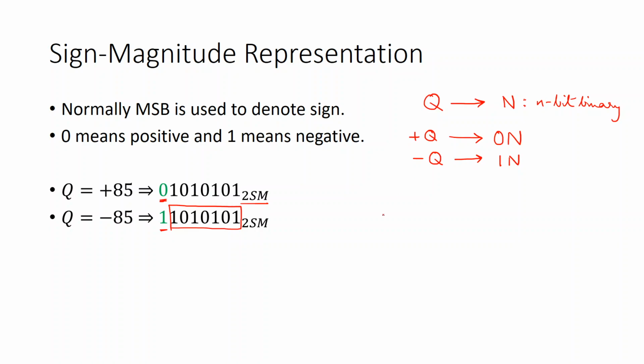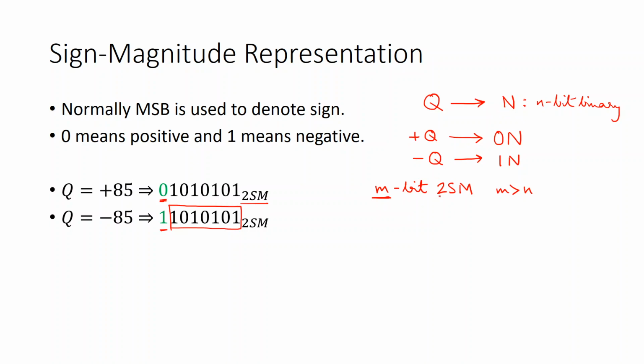Another thing is there: you might be asked to represent the quantity plus Q in, suppose, m bits binary sign magnitude. Of course, you can understand that this m must be greater than n, because n bits are already required to represent this quantity in binary.